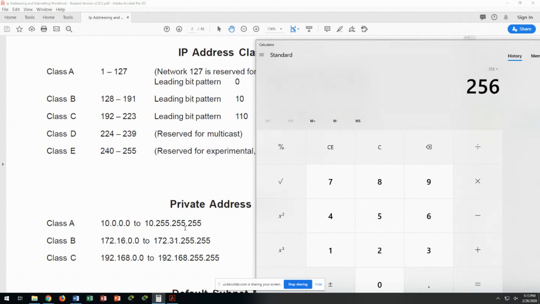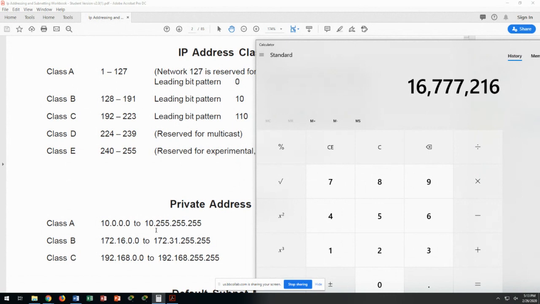My computer's running slow. All right, 16,777,216. I did that because there are 3 octets with 256 available, 0 to 255, so I just multiply them. That gives me 16,777,216 IPs available on that Class A.